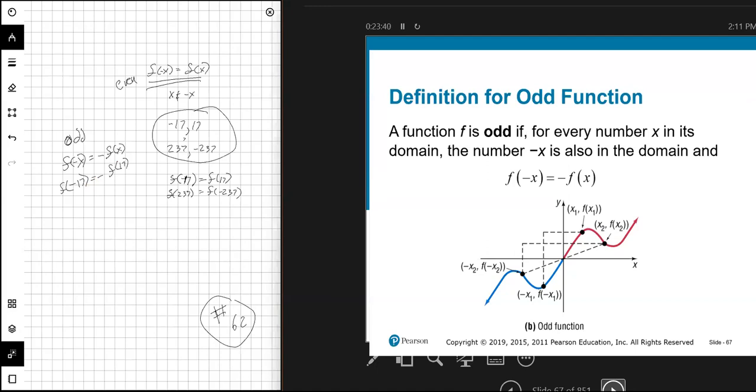So with an odd function, the y values they get will be opposites. The opposites are in the domain, and the function at those values will give you opposite numbers, positive and negative of the same number.